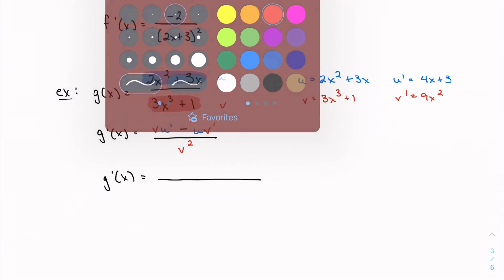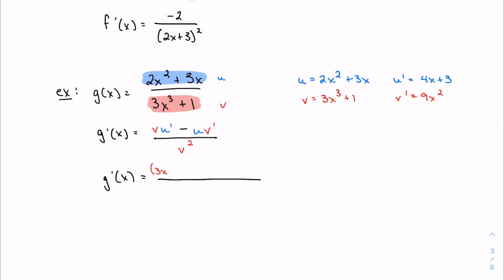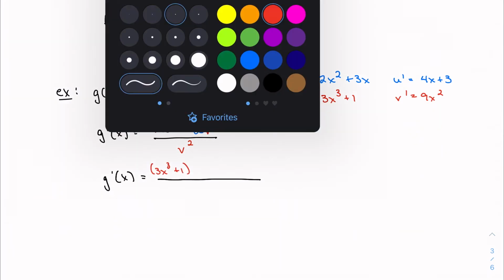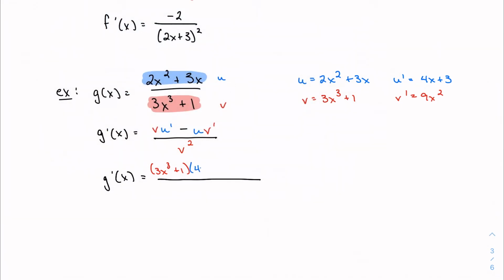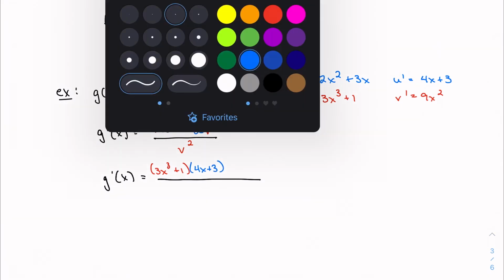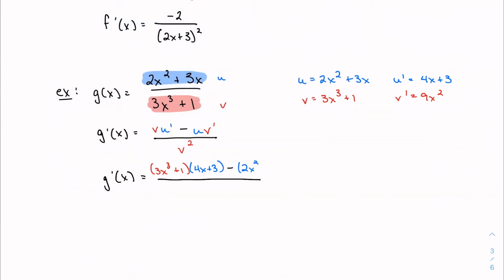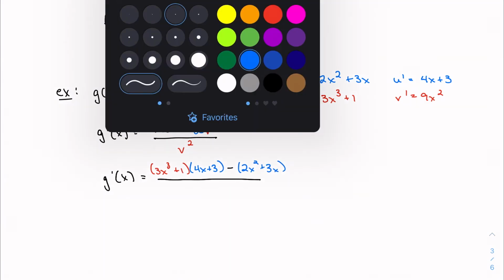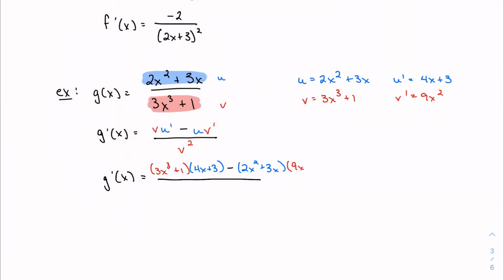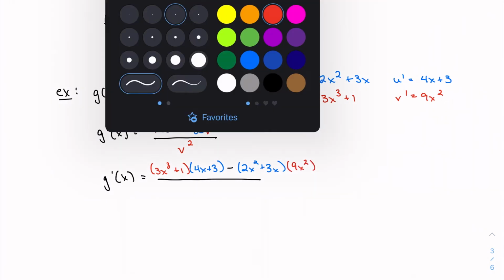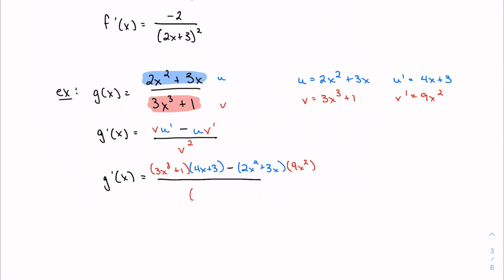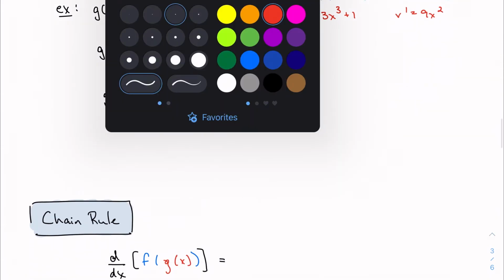So I get low d high minus high d low, divide by the square of what's below. So 3x cubed plus 1 squared. Again, we should maybe take some time and simplify this.